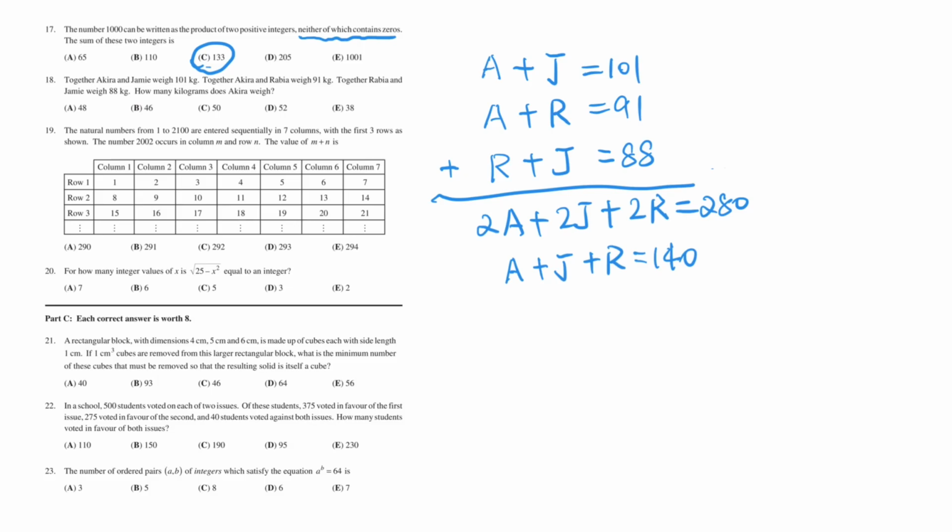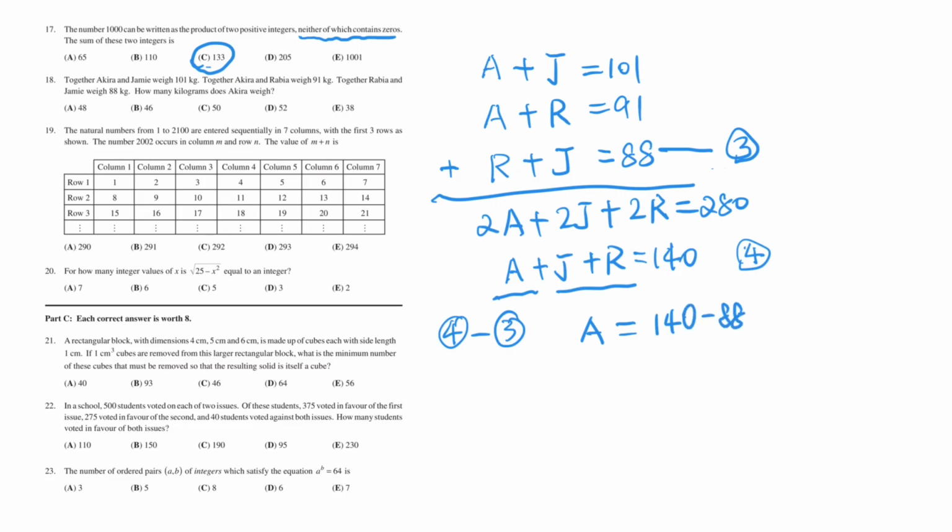Now they ask for a. Equation 3 is r plus j. If I label this equation as 4, I use equation 4 minus equation 3, elimination. That gives a equals 140 minus 88, that is 52. So the answer of number 18 is D.